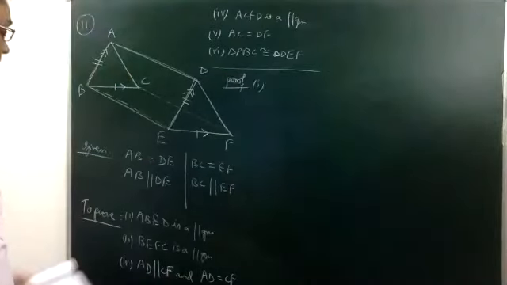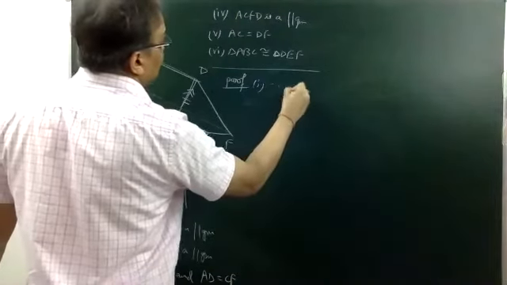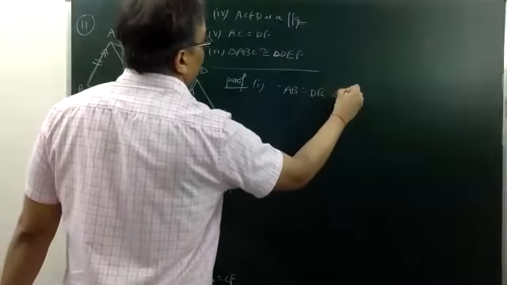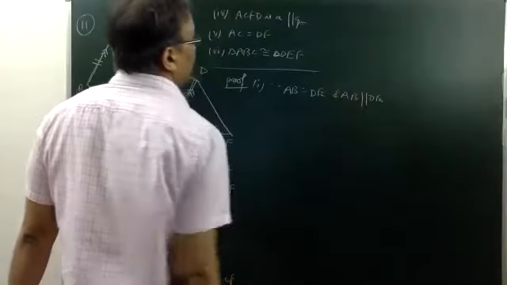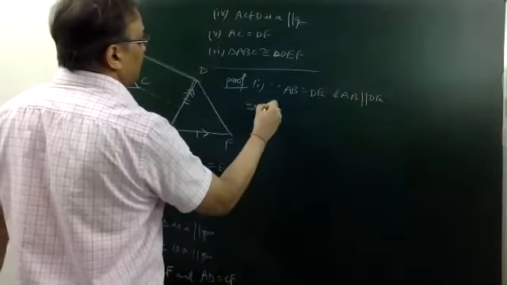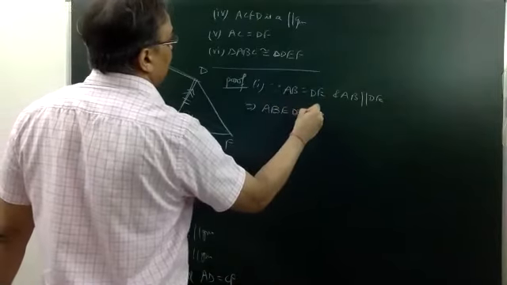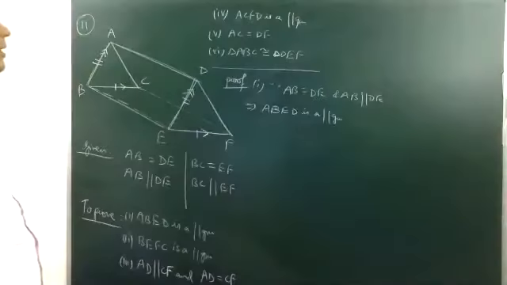First part, ABED is a parallelogram, so you will write: since AB is equal to DE and AB is parallel to DE, this implies ABED is a parallelogram.